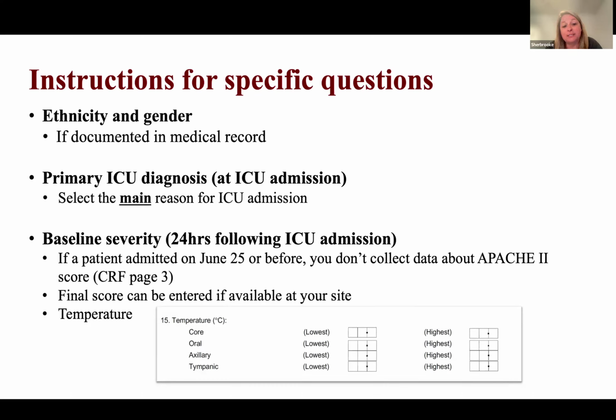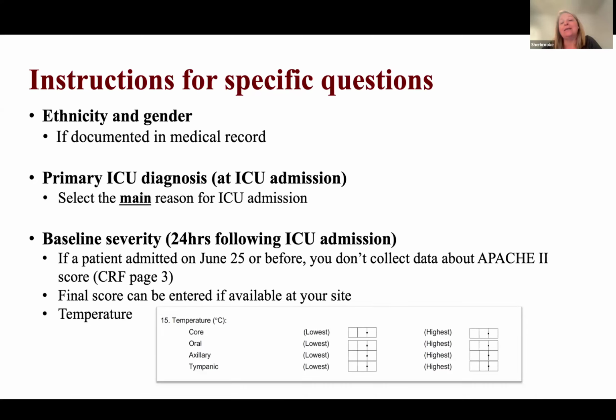So baseline severity. That's the raw data to calculate APACHE. We want these variables within the 24 hours following ICU admission.